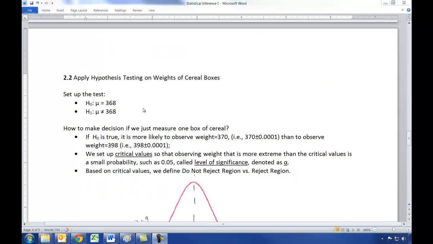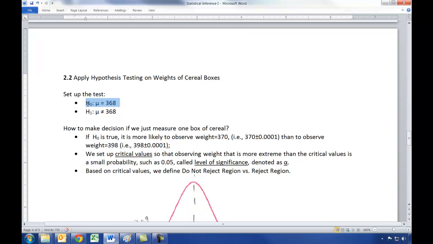Let's now see how to apply the concepts of hypothesis testing we just learned using the cat example on the weights of cereal boxes. Here are the null hypothesis and the alternative hypothesis. They are appropriate for the cereal boxes example.